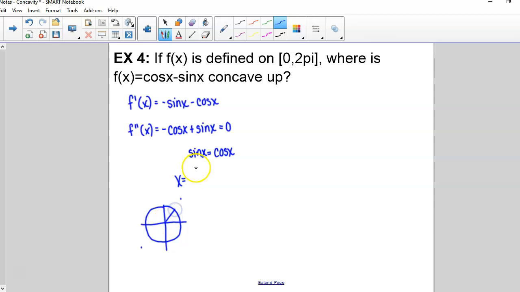Pi over 4 is one of them. That's the one in the first quadrant. And 5 pi over 4. So those are our points we're going to put on our line.